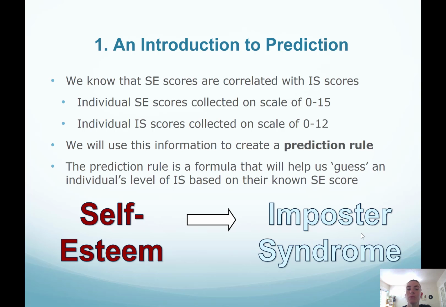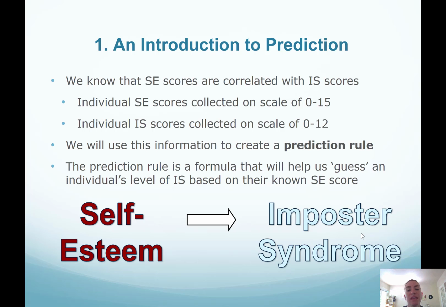And let's say that we use a self-esteem scale where scores can range from 0 to 15, with 0 being no self-esteem and 15 being high self-esteem. And individuals' imposter syndrome scores are collected on a scale of 0 to 12, with 0 being very low imposter syndrome and 12 being really high levels of imposter syndrome.